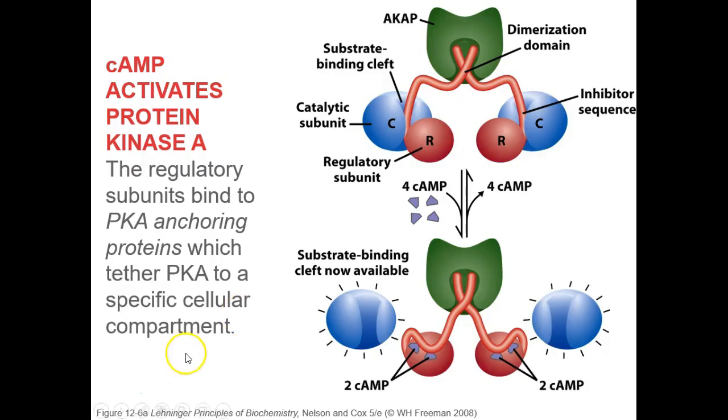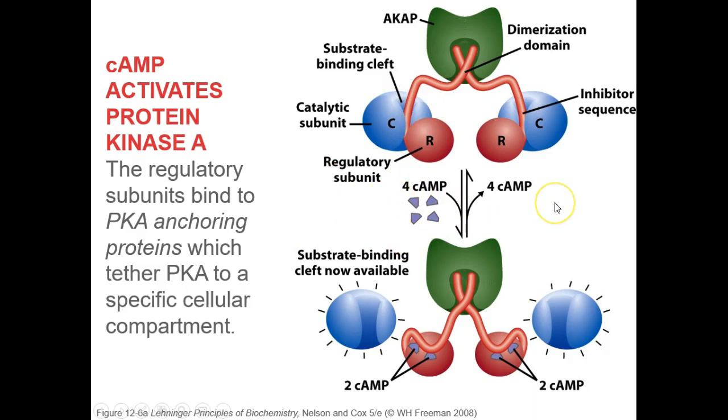So let's look at protein kinase A. This is what the structure of protein kinase A looks like. It has 2 catalytic subunits shown here in blue, labeled C, and then this is a regulatory subunit, and you can see that the regulatory subunit is binding to the substrate binding cleft, so that the substrate can't bind.